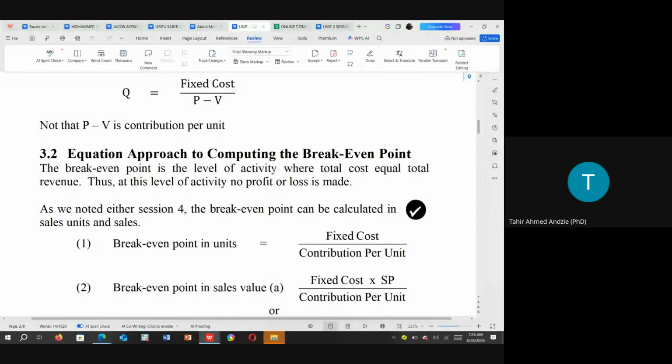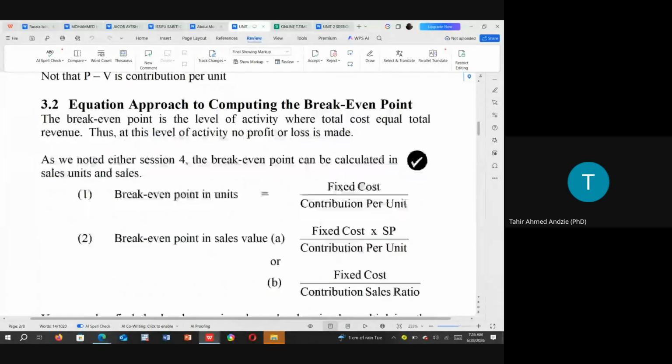Take note of that and put it at the back of your mind so that you can always define break-even point. As we noted in session 4, the break-even point can be calculated in sales units or in value.